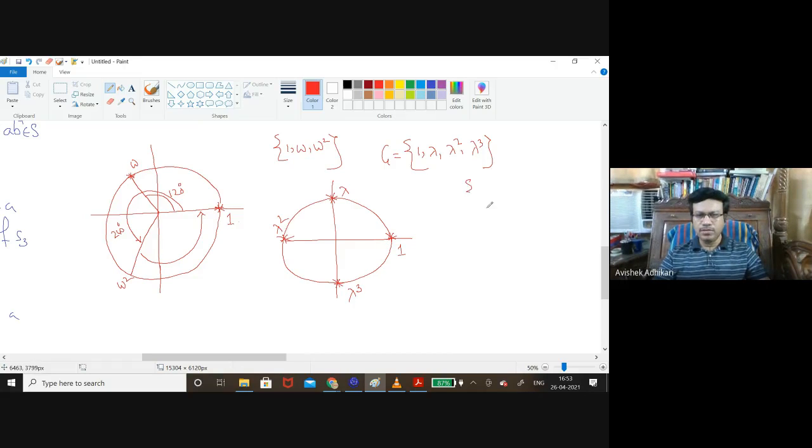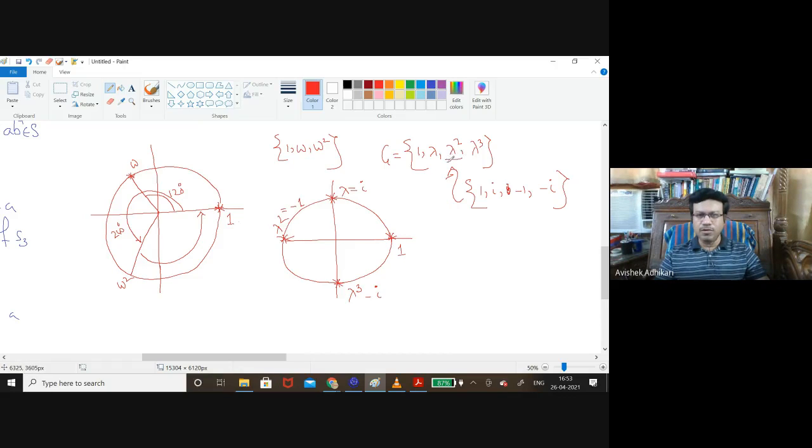Okay. Now, if somebody wants to write it like 1, i, say i square is minus 1 and i cube is minus i. Okay. So you can understand that this is 1 and this represents i. This represents minus 1 and this is my minus i. Okay. Now it's clear to all of you.